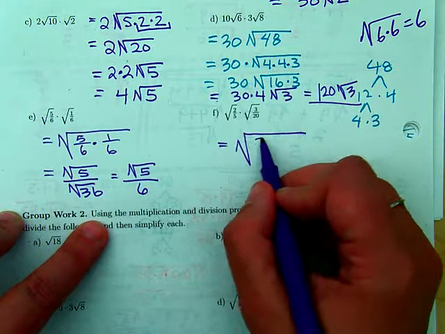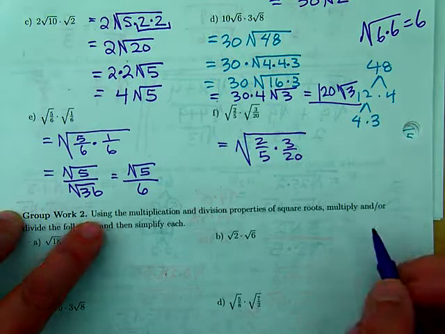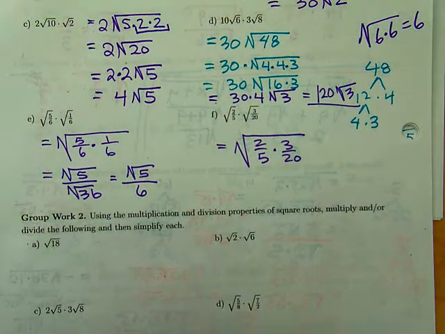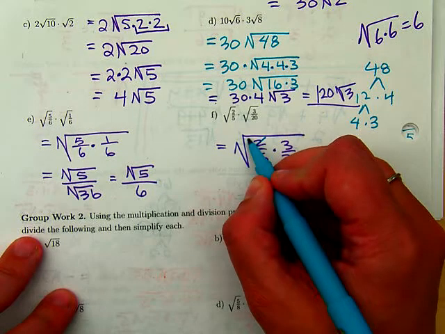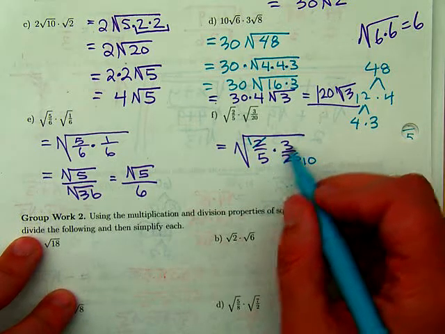So here I'm going to multiply 2/5 times 3/20. Now when I multiply fractions, can I cross cancel? Why not, right? 2 goes in here once, 2 goes in here 10 times. Can you cross cancel with 3 and 5?